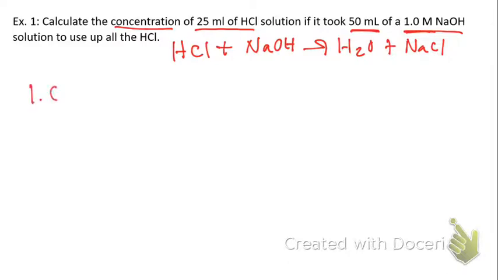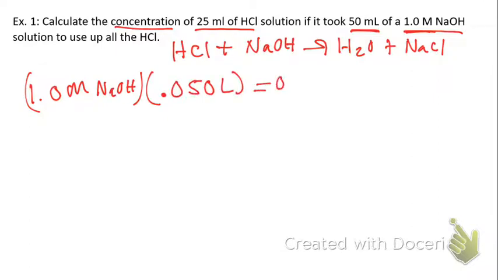So a 1 molar sodium hydroxide solution, we're going to multiply that by the volume added, which is 0.050 liters. And that gives us 0.05 moles of sodium hydroxide, or the base added, to neutralize all the acid. So again, this is the moles that was needed to neutralize the acid.